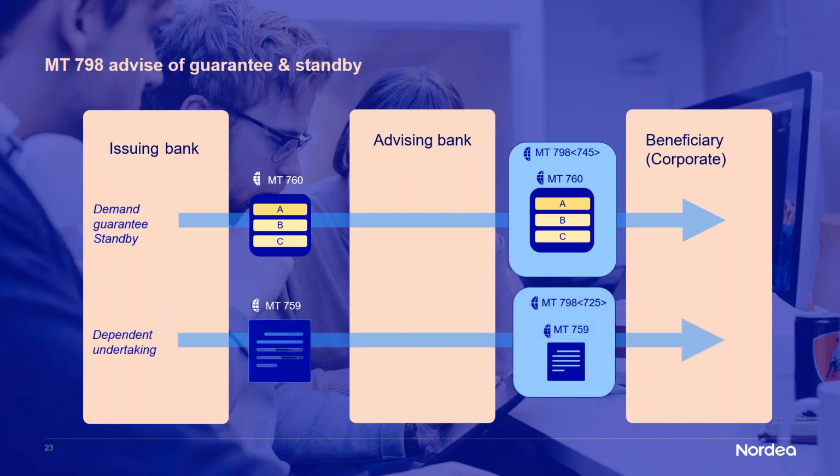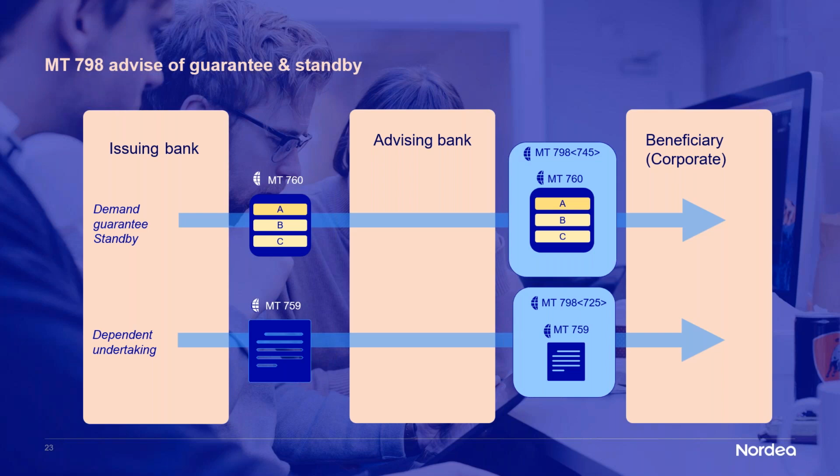For dependent undertakings, the accessory guarantees, Bürgschafts, sureties, etc., which are in free text format, the issuing bank will send it to Nordea, and we will map it into our system. And after this, we will send the message to the corporate, the beneficiary, using this 759 format.